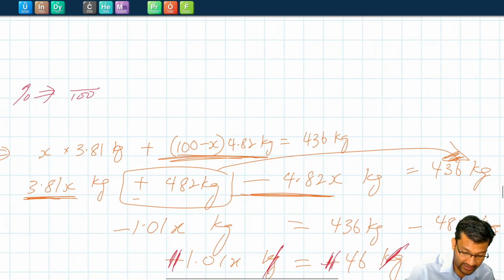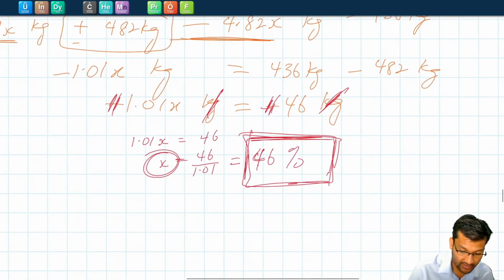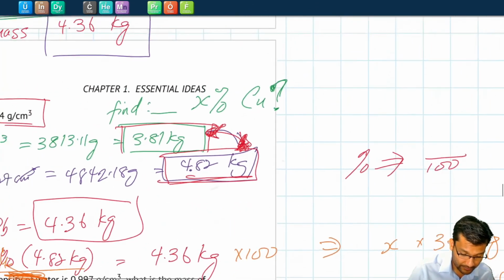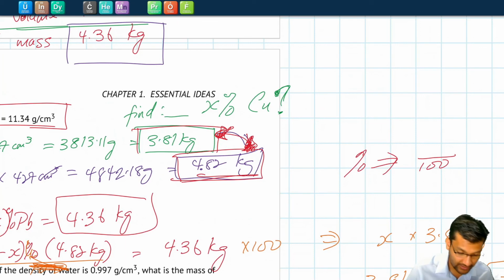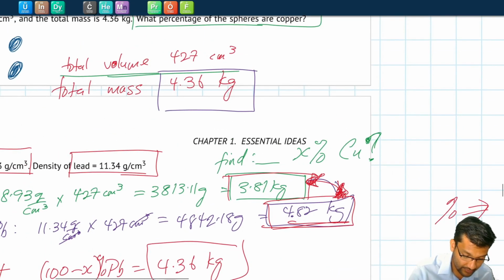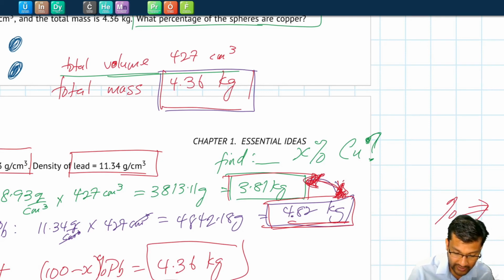I did it step by step to show you how we got to our answer of 46 as X. Now let's verify that the answer makes sense. 46 is about 50%, and the final mass of 4.36 is about halfway between 3.81 and 4.82. So that sort of makes sense.